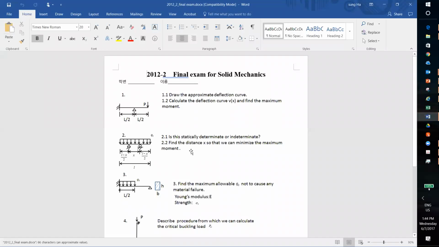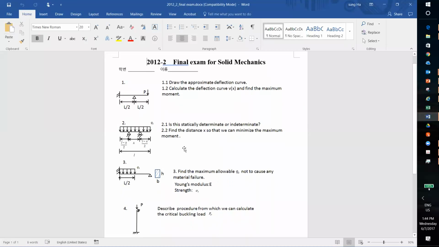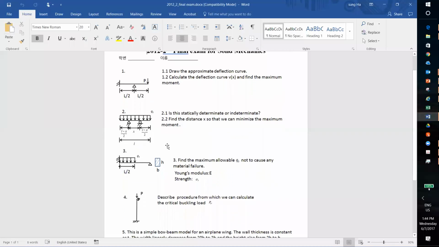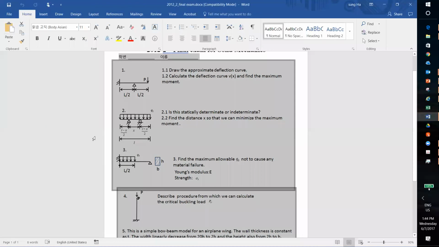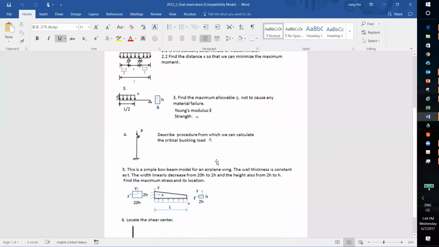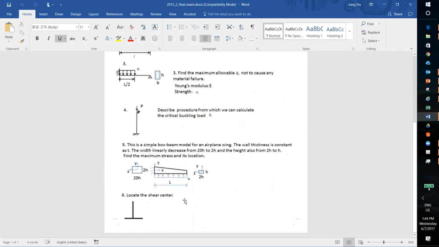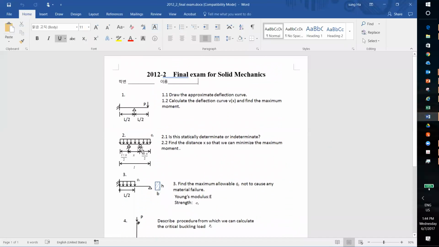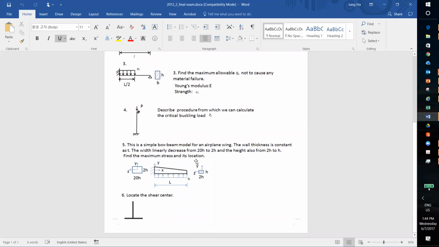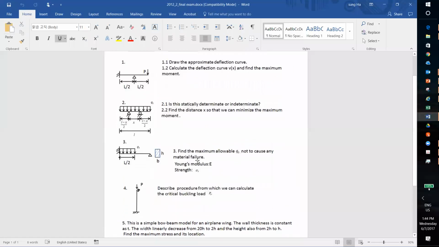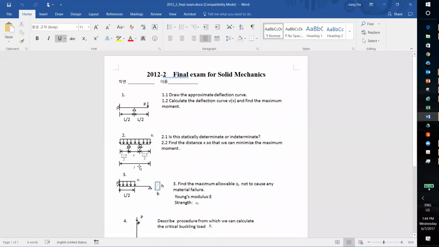And the 2012 final exam on beam theory, this is the one we already covered in class, right? Unfortunately we don't have a torsion problem, but we have very good bending problems.